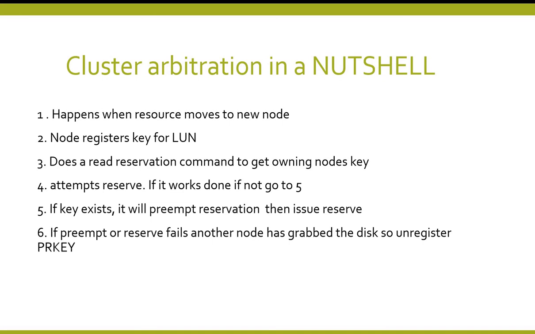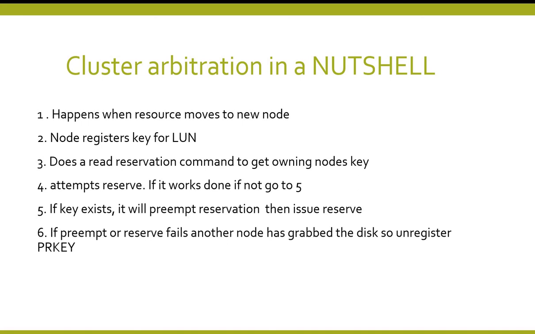If a drive fails over, and it's a multi-node cluster, say 3 nodes, and node 1 fails over, nodes 2 and 3 could both arbitrate for the drive. So the preempt or reserve could fail, because two nodes are trying to arbitrate for the drive.